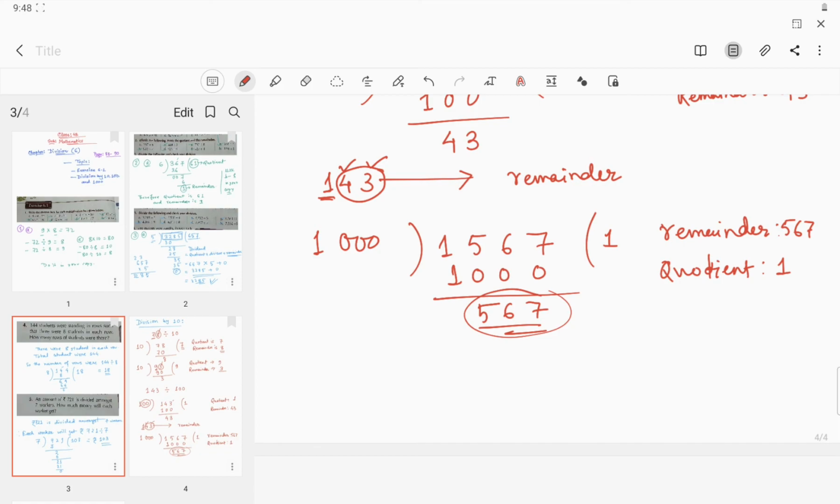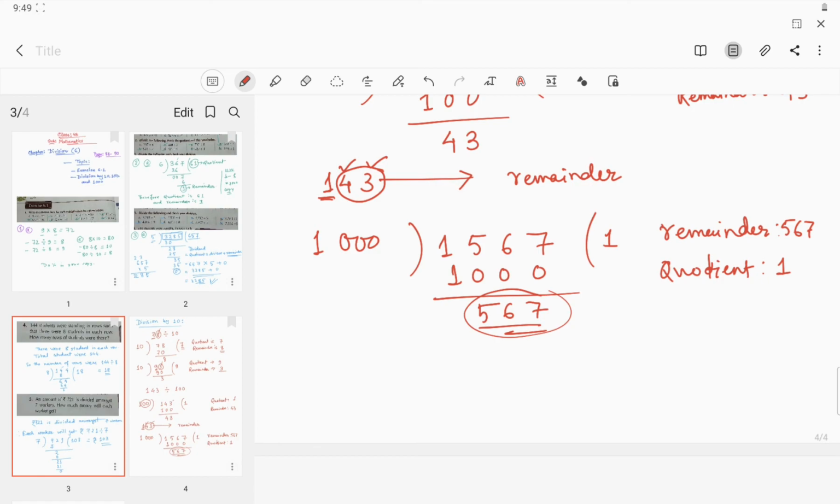When you divide a number by 100, the last 2 digits, that means the ones place and the tens place together, form the remainder, and the remaining part will be your quotient. Similarly, when you divide a number by 1000, the last 3 digits, the ones place, tens place and hundreds place together, form your remainder, and the remaining part is your quotient.